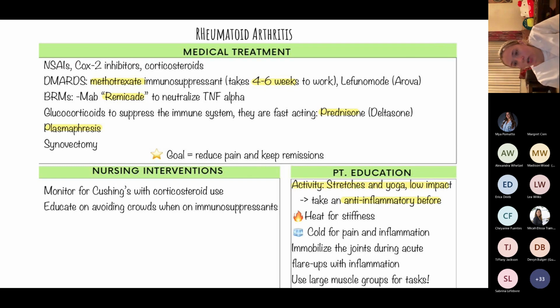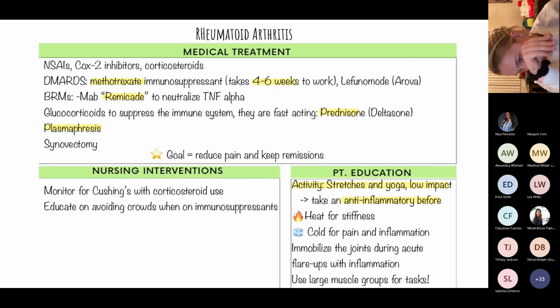Finally, use large muscle groups for tasks. I know girls like to wear concealer under our eyes to hide our really big bags, and we usually use our little ring fingers. But let's say we had a woman with rheumatoid arthritis that wanted to do the same things with her makeup.